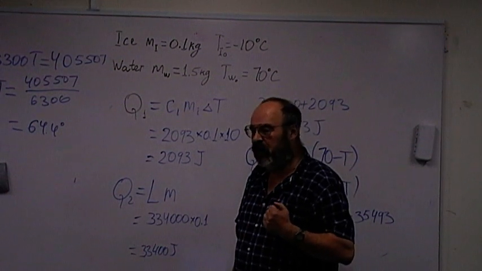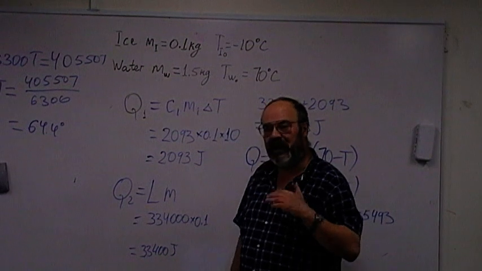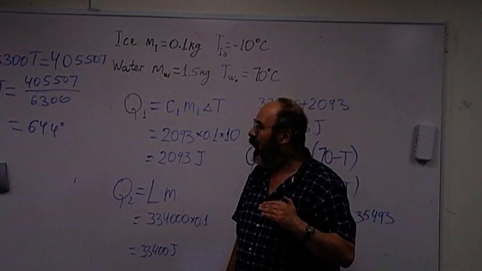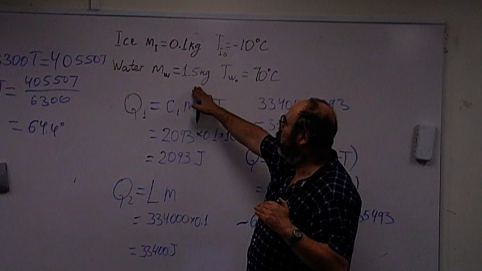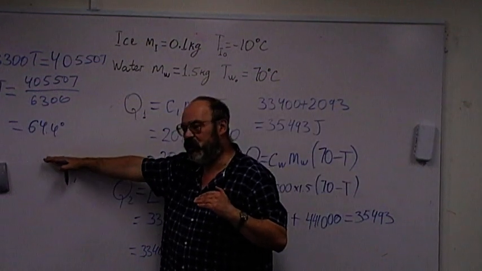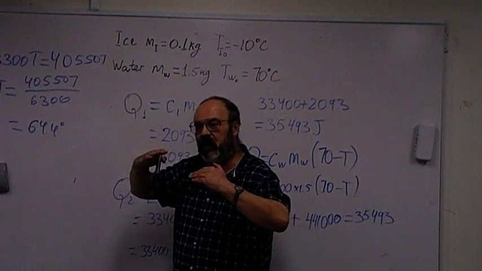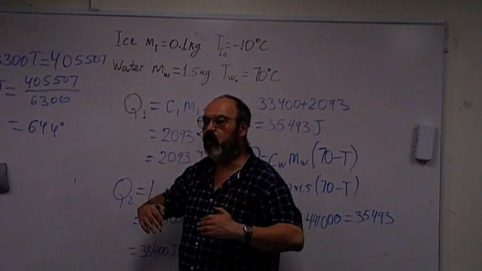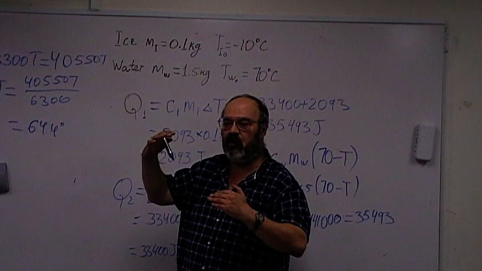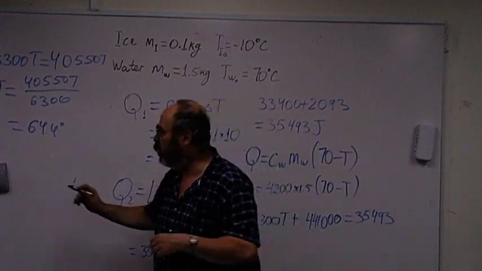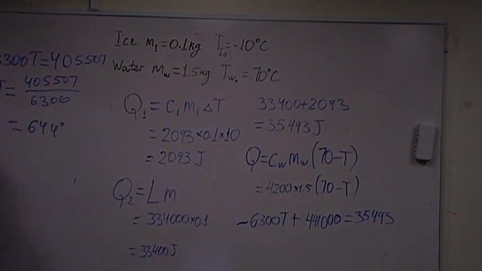Now we have 100 grams of water at 0 degrees, and we have 1.5 kilograms of water at this temperature. And now they will be equalizing temperatures. Cold water will be heating up, warm water will be cooling down. How much heat will cold water receive?